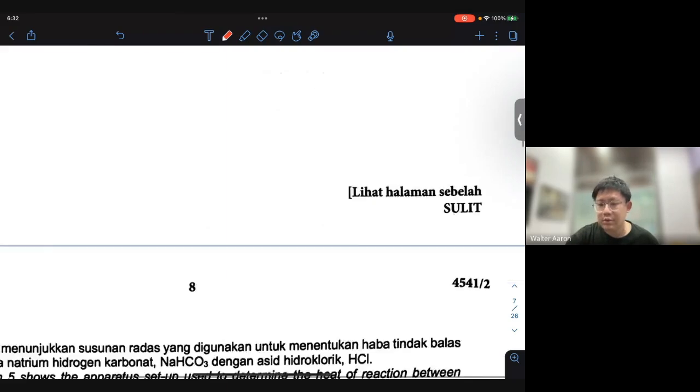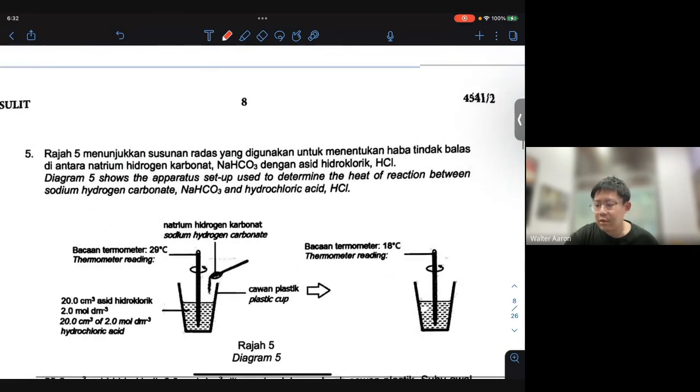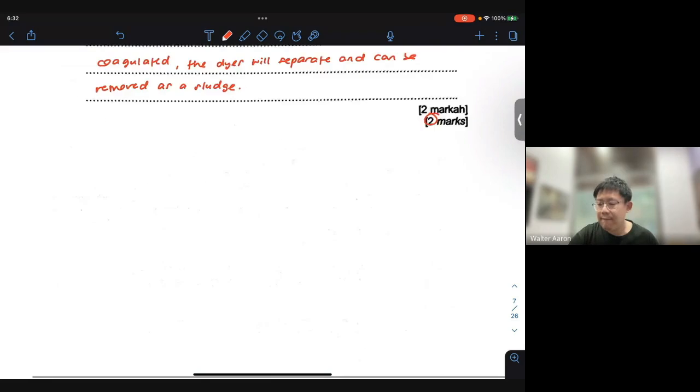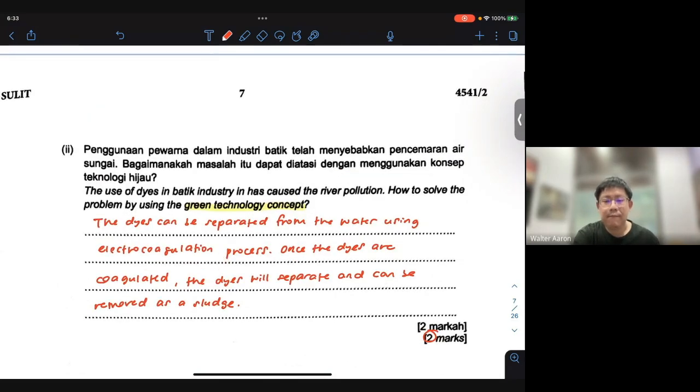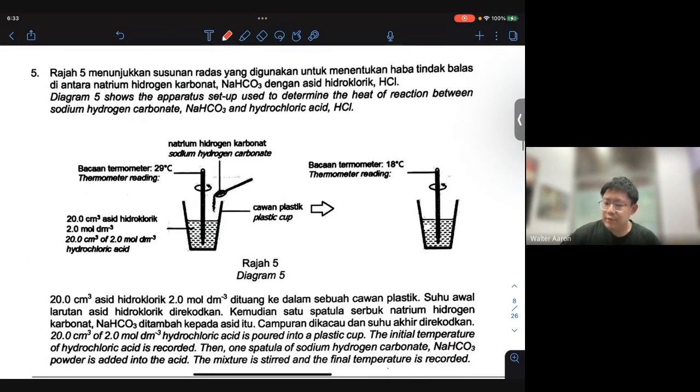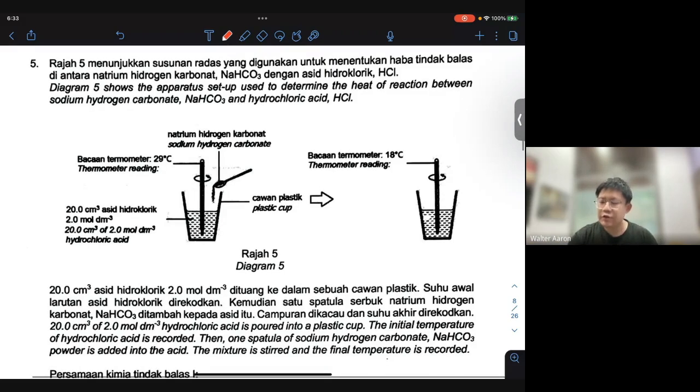Okay, next. Then number 5. Diagram 5 shows the apparatus setup used to determine the heat of reaction between sodium hydrogen carbonate, NaHCO3, and hydrochloric acid.